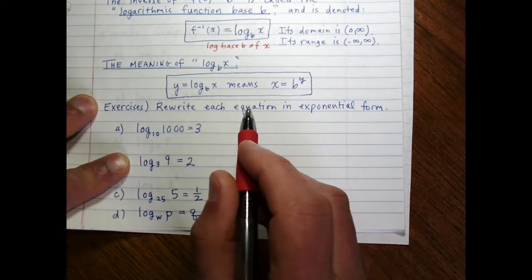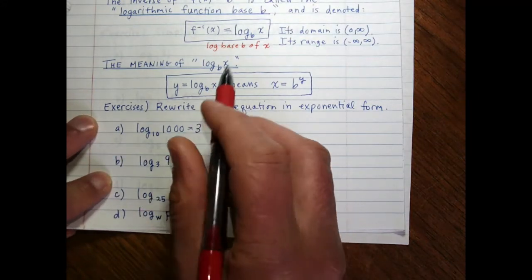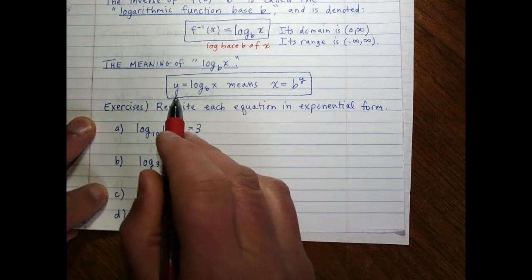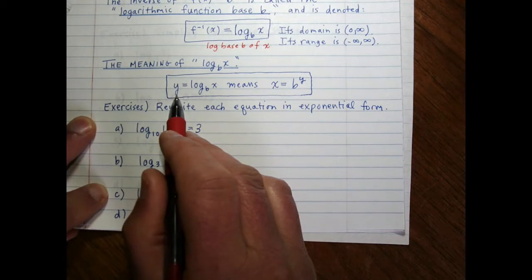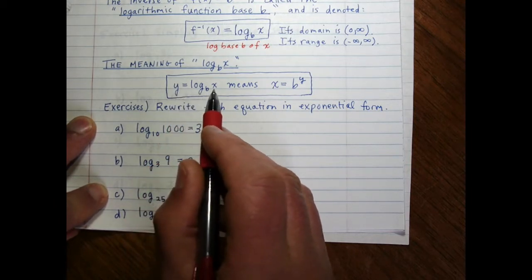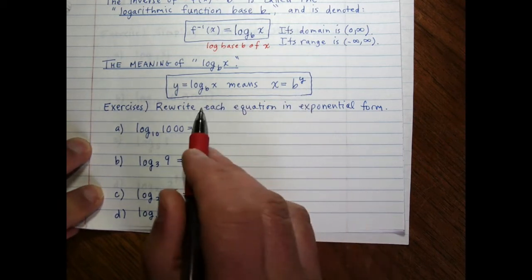Now, probably the most important thing to learn right now about this new notation is the following, what's in this box. Y equals log base b of x means x equals b to the y power.